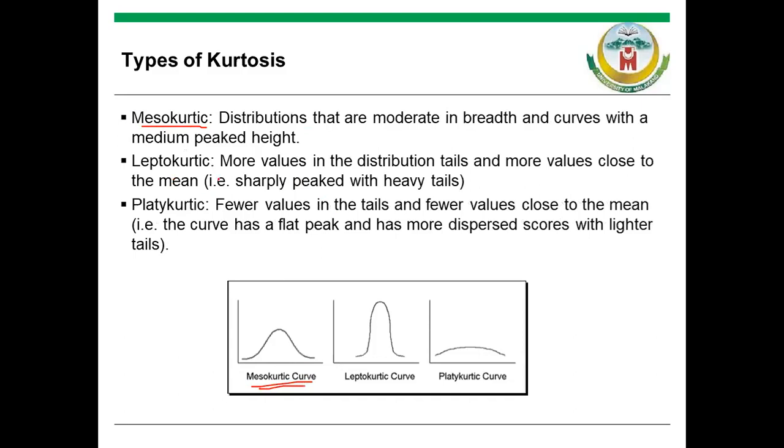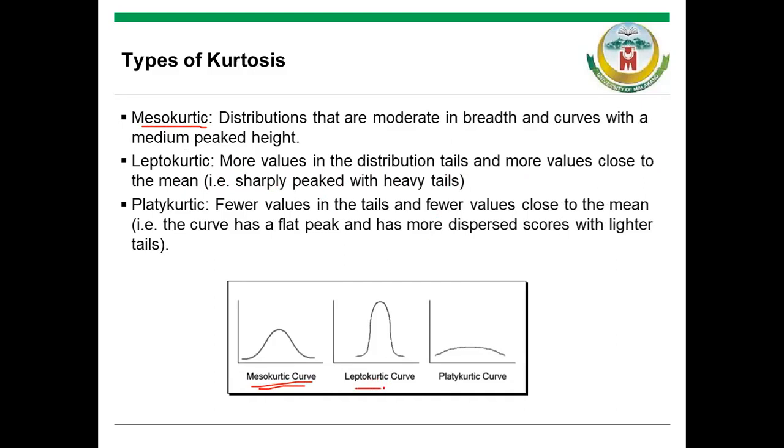Leptocurtic: more values in the distribution tails and more values close to the mean, that is, sharply peaked with heavy tails.